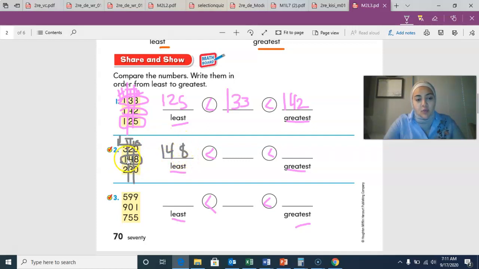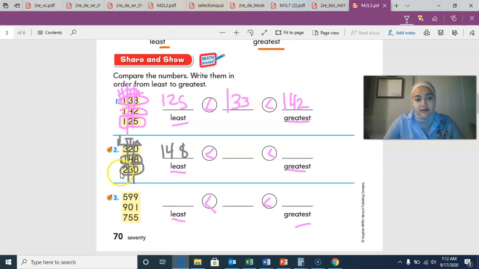All right. What's the next smallest number in the sequence? We have 3, 1, and 2. Remember, we're still looking in the hundreds place. 3, 1, and 2. So we already used the 1. What's next, 3 or 2? We're putting in order from least to greatest. What's the next smallest, 2 or 3? 2. Very good.